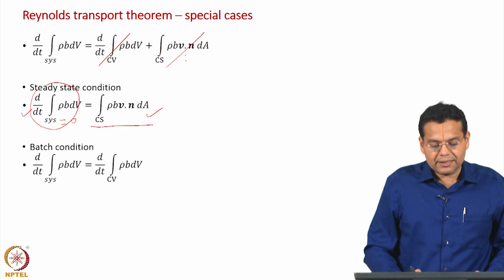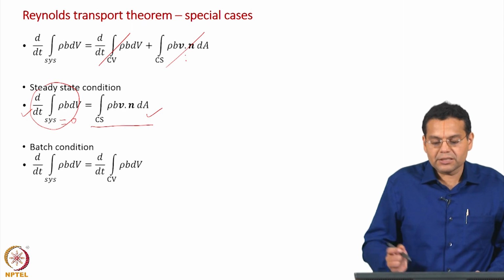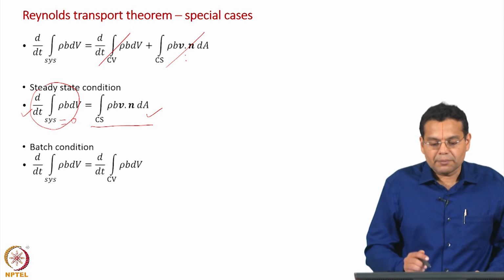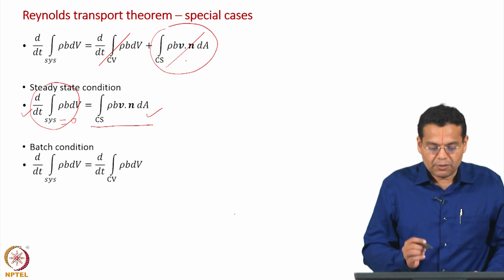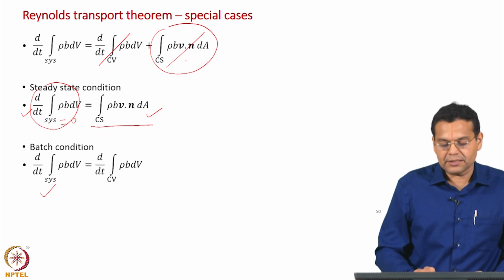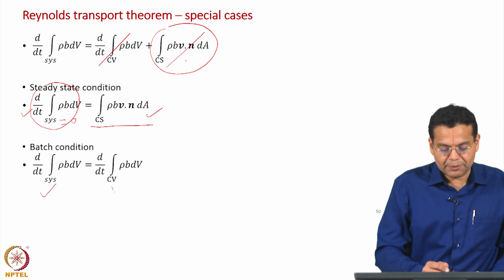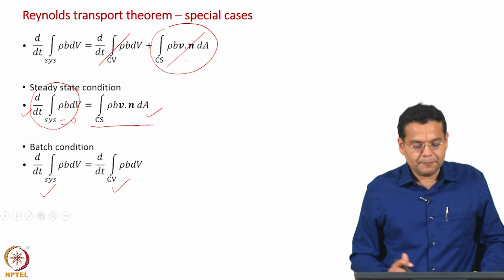There can be another situation where both of them are equal, where there is inflow and outflow, but it so happens that the net rate of flow is 0. Once again, under that condition, the rate of change of property for the system and for the control volume are both equal. Okay.